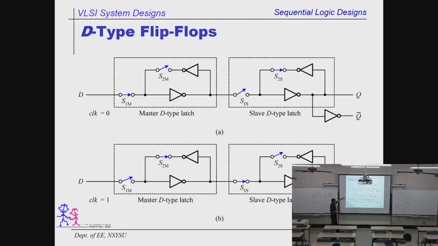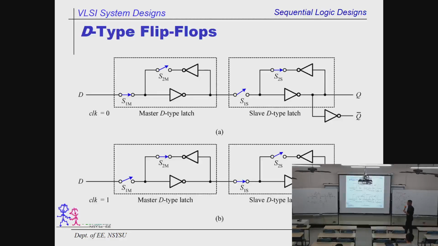When clock is 0, this is on, another one is off, and the second stage is reversed. So the data will be written into the node in the middle, and the old data will be refreshed by itself. And when the clock phase is changed, the first one will be off, and the sampled data will be refreshed by itself, and in the meantime, it is copied to the output.